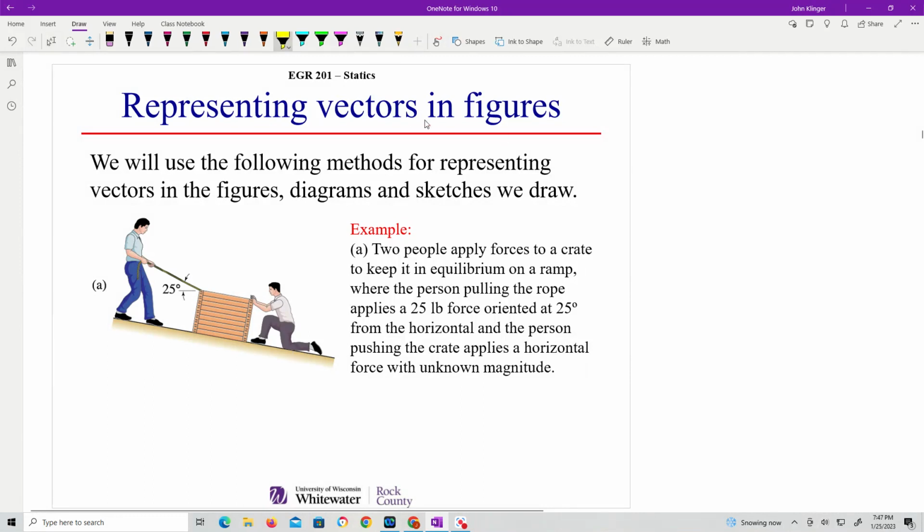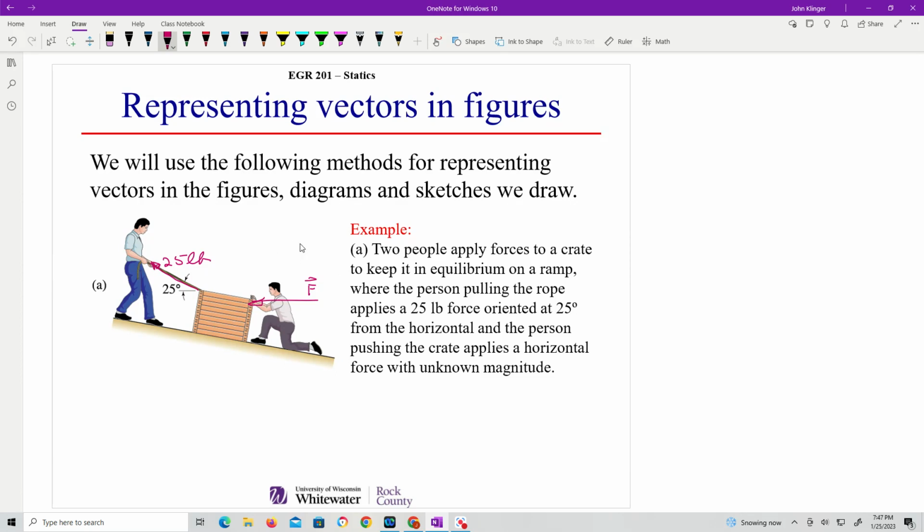So how do we represent these vectors if we're given some situation like this? This shows two people and one is pushing horizontally on this crate with some force F, we would say, and this vector is being lifted up with 25 pounds at 25 degrees, right?